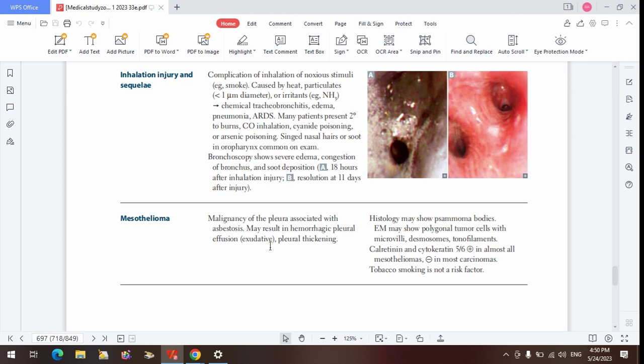It's just hydrostatic force driving the fluid, like in heart failure. I think we are still going to get to causes of pleural effusion. We understand that. Once you see hemorrhage, most likely it's an exudative effusion because you have damaged a barrier that is causing the blood to leak in. And of course, it's going to share with pleural thickening, because the pleural thickening will have been caused by the asbestosis.